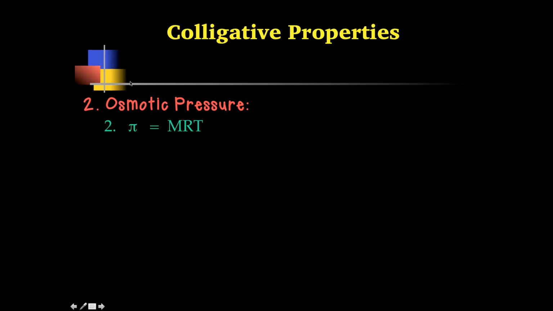Now this one we are going to do quantitatively. So the equation is the symbol pi, not as in 3.14 pi in math, but just the symbol pi, equals capital MRT. Okay, now maybe this sounds kind of familiar, but let's review what that capital M is. Remember that capital M is moles per volume, and possibly remember from once upon a time, we learned that the symbol for moles is often n.